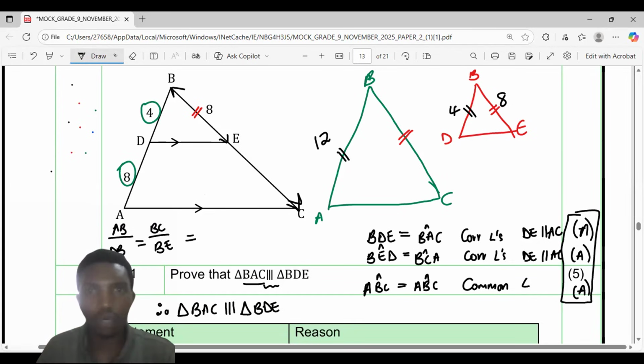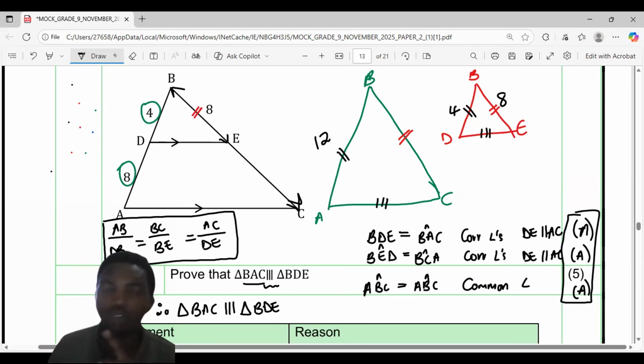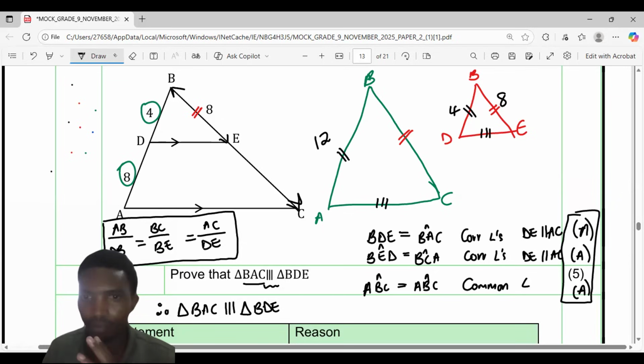And then lastly, this one here should also correspond to that one, so we have AC over DE. So remember this all the time. If ever we've proven that those two triangles are similar, that statement should be true all the time.